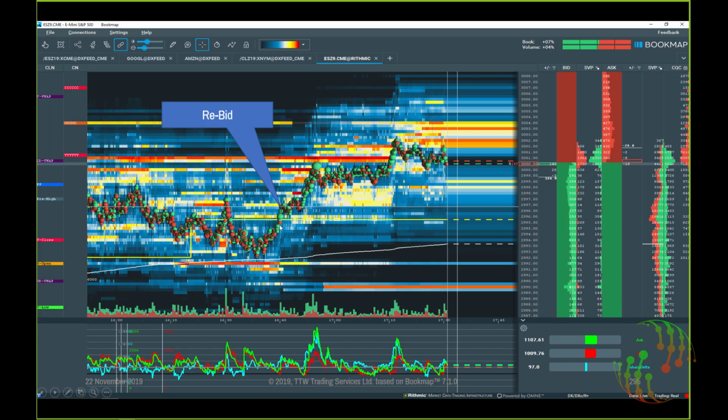The question is, it depends on your trading style, whether you want to rebid and not wait for 1 hour, 2 hours until the market is hitting this 3000 level or whatever level, or this liquidity level, because it's very clear what is going on. 97, and that's our target. This is our target area here.